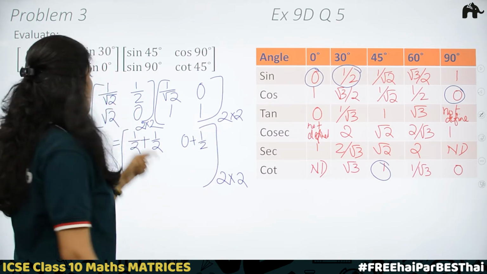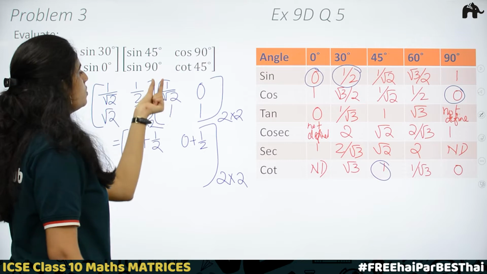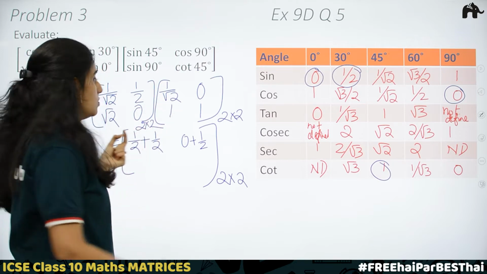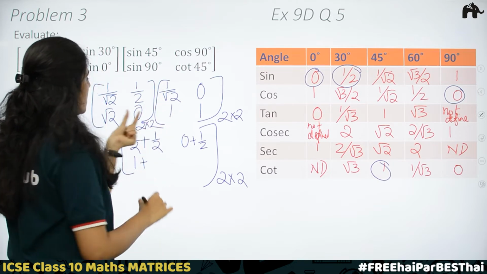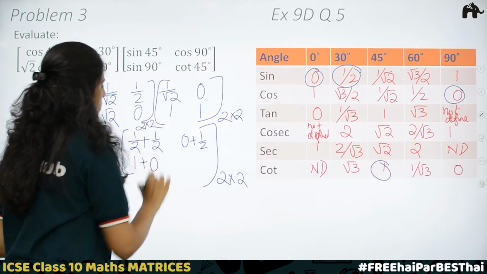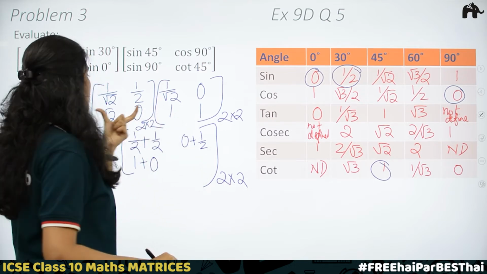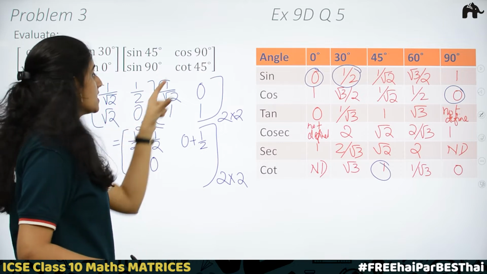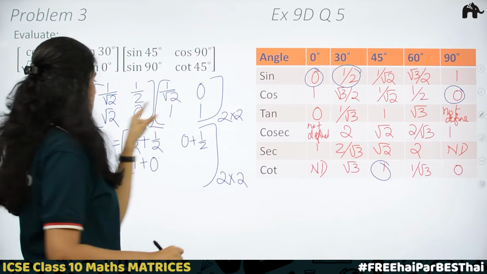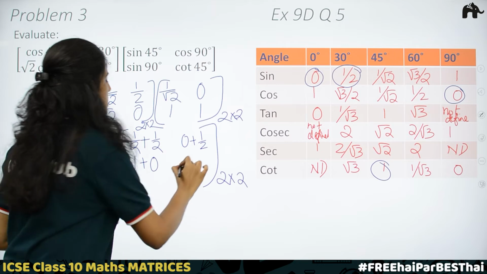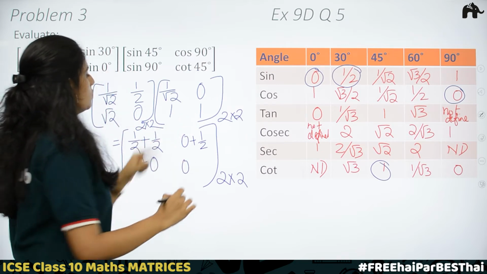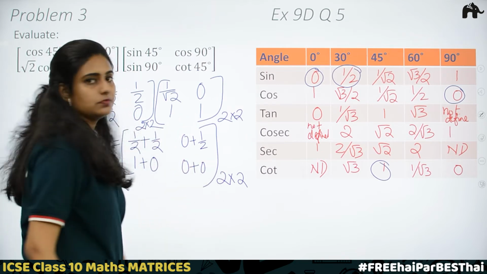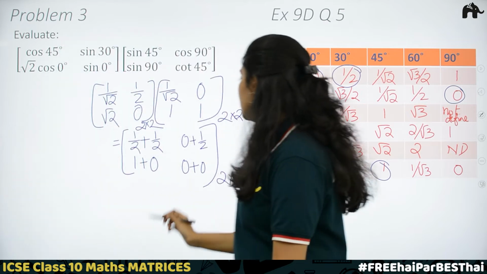To get the third element, root 2 into 1 by root 2. Root 2 into 1 by root 2 is 1. Plus 0 into 1, 0. To get the fourth element, taking the second row of first matrix and the second column of second matrix. Root 2 into 0 is 0. 0 into 1 is 0, plus 0. Okay. Then what are the elements?